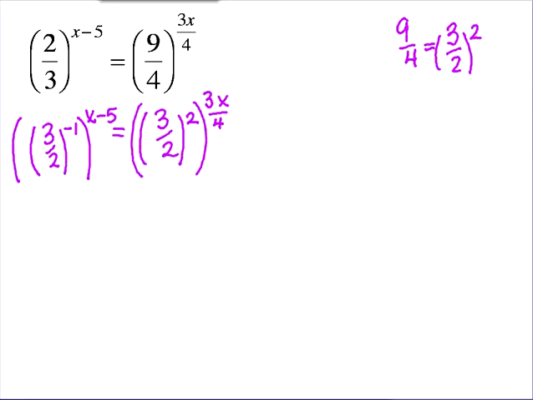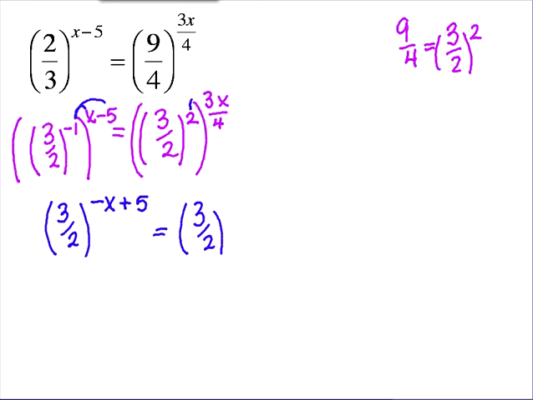Now notice here I have a power to a power. So I end up having 3/2 to what power on the left side? Negative x plus 5. For those wondering where that came from, I had to distribute that -1 to both the x and the 5. On the right side, I'm going to take 2 times 3/4.